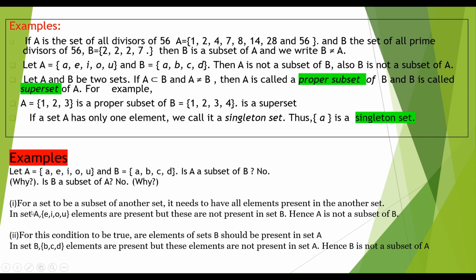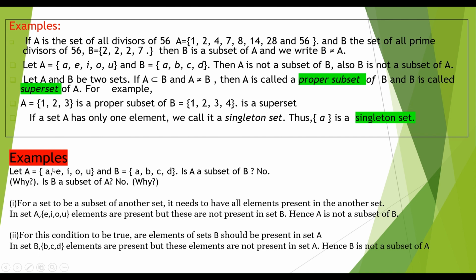This is the reason. For a set to be a subset of another set, it needs to have all its elements present in the other set. We can match small a in both the sets, but that is not the condition. The condition is that if A is to be a subset of B, all the elements of A should match elements of B. Here only a is matching, so don't get confused.